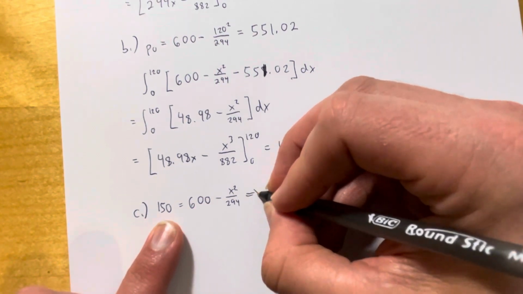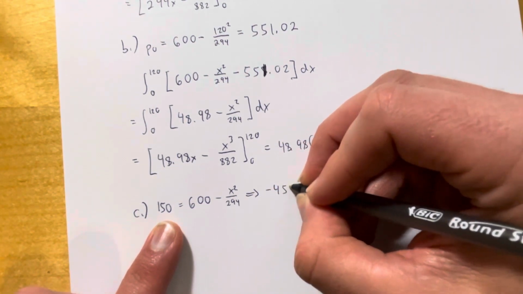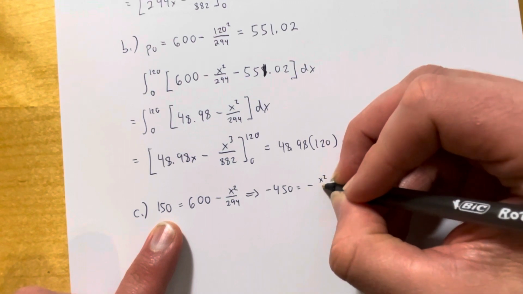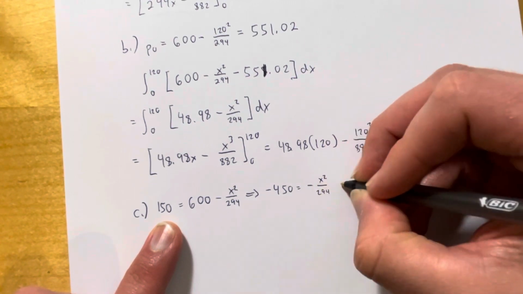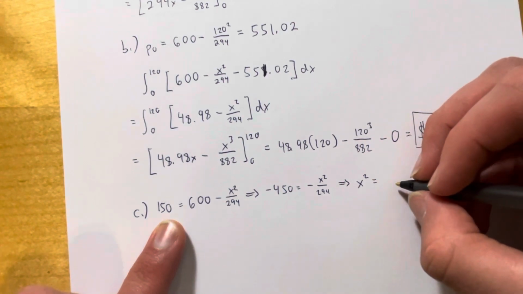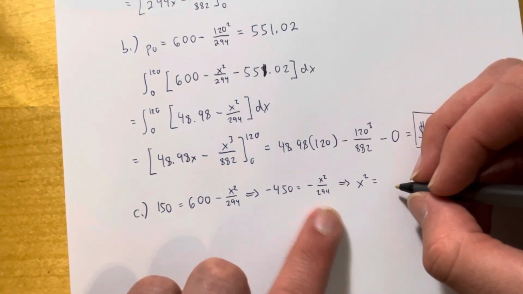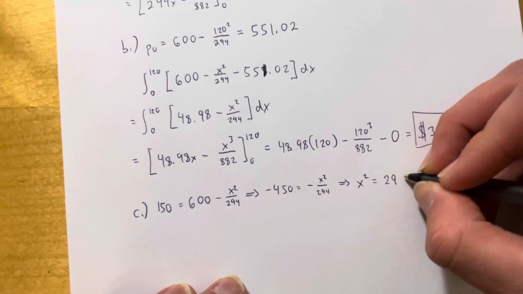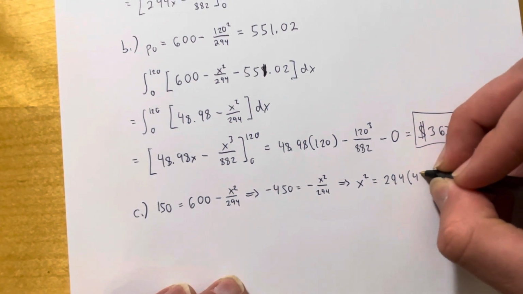Subtract 600 from both sides. I'm going to get negative 450 equals negative x squared over 294. This is going to give me x squared equals, I'm just going to multiply both sides by negative 294, which gives me 294 times 450.